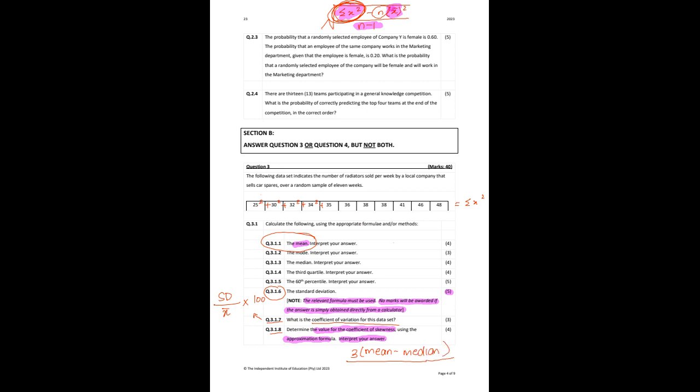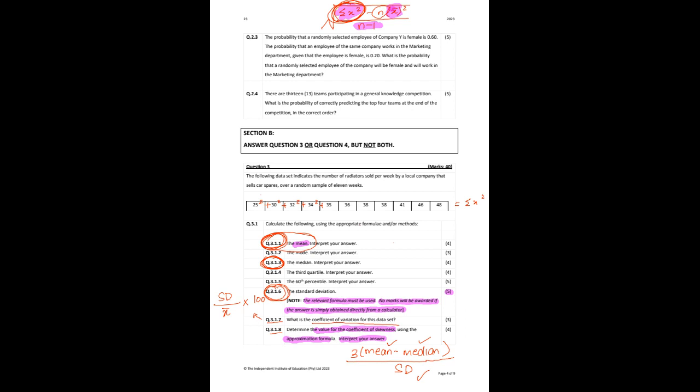So the mean you already calculated in question 1. The median you also already calculated in question 3. The standard deviation you also already calculated in question 3.1.6. So it's literally here just about inputting your figures that were already calculated in the previous questions.